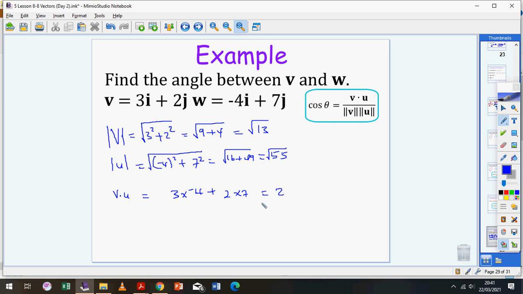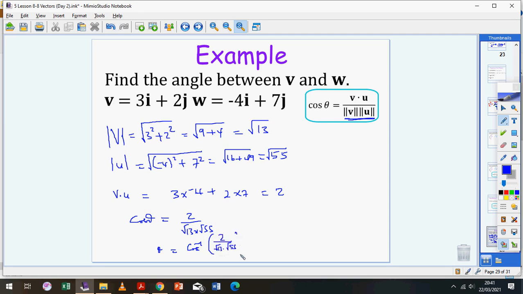So cosine theta will equal 2 divided by the product of the magnitudes. The product of the magnitudes is root 13 times root 65. So finally, angle theta will be the cosine inverse of all of that.